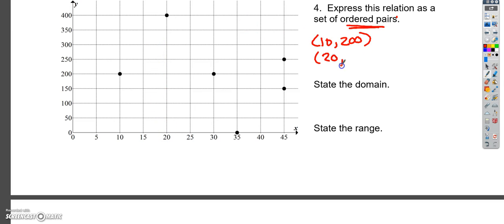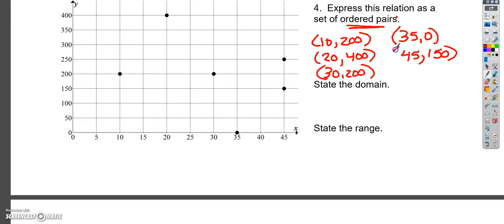So 20, 400. This one would be 30, 200, 35, stay, so that's 0, 45, 150, and another 45, but it goes up to 250.